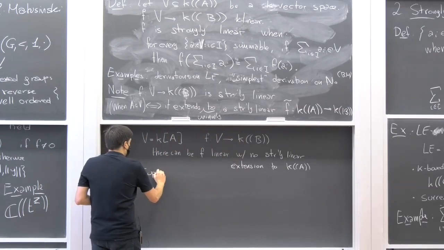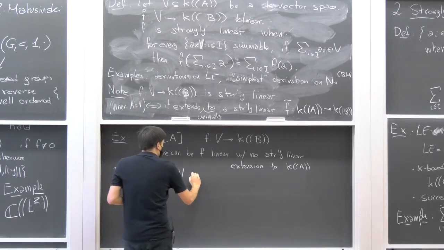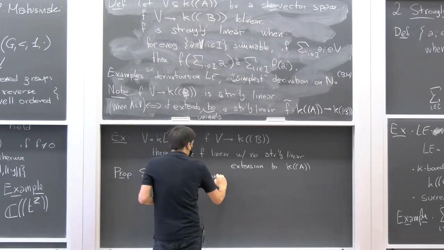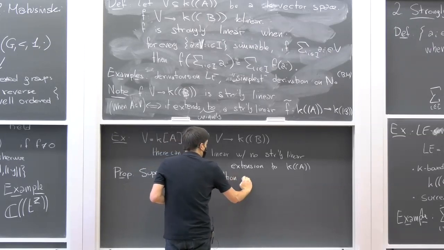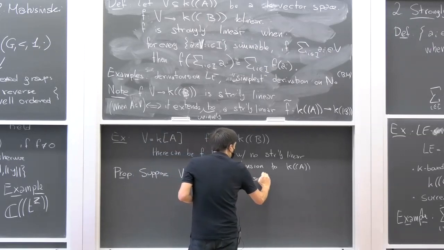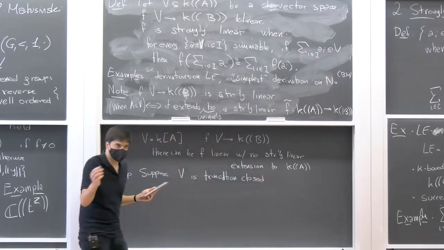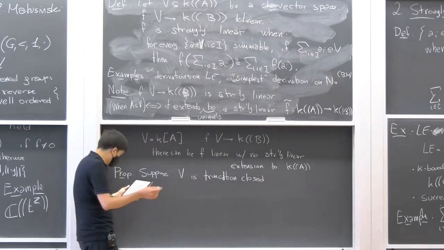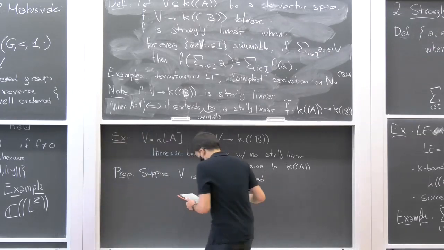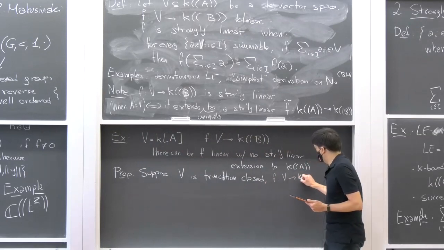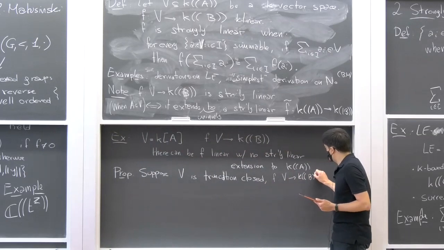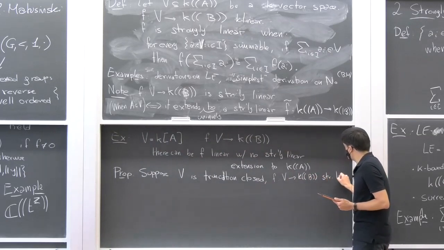So suppose B is truncation closed. If you don't know what that means, don't worry about it, because I'm not going to prove it anyway. I ask you to accept it. And then you have this f from B to KB, strongly linear.